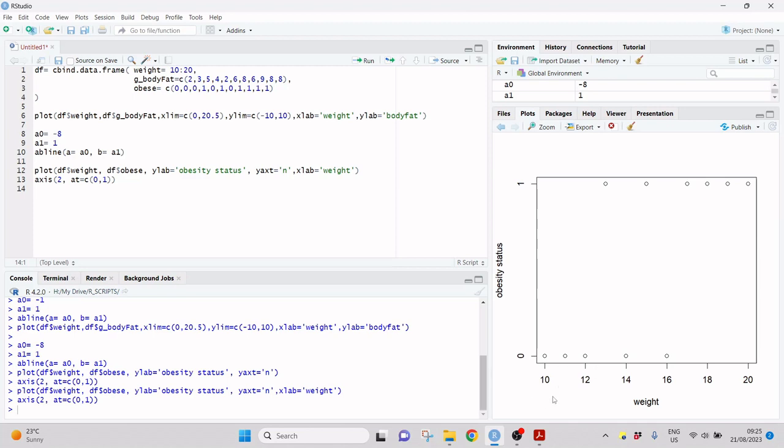It would extend probably to negative values, and to values way above 1, which doesn't really make sense for this example. So we need some kind of different way of fitting something in here.